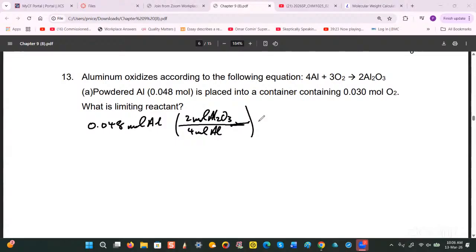All right, so we need to work that out. That would be 0.048 times 2 divided by 4. According to my calculation, this works out to be 0.024 moles of aluminum oxide. All right, what next?